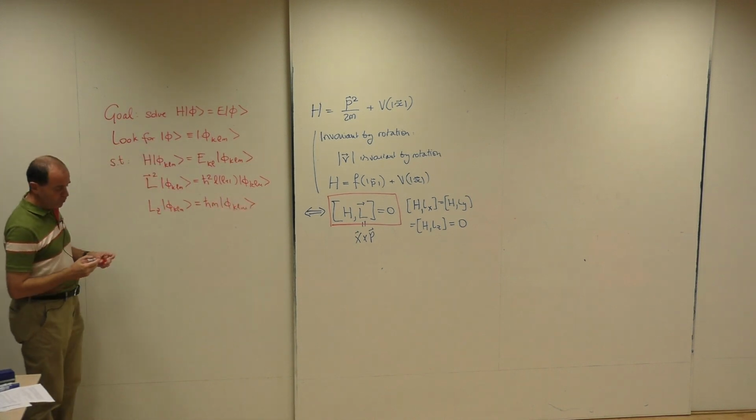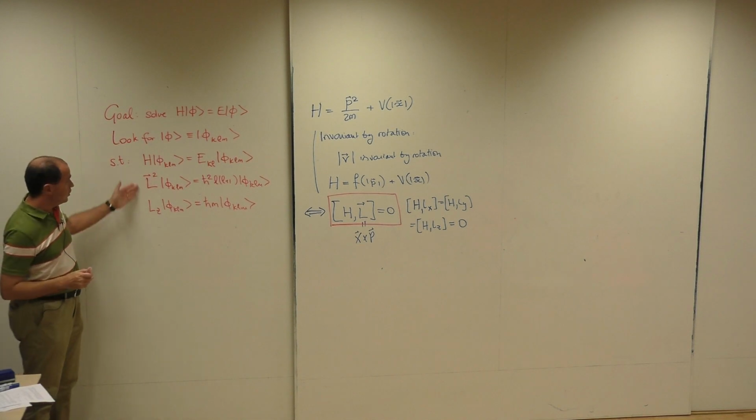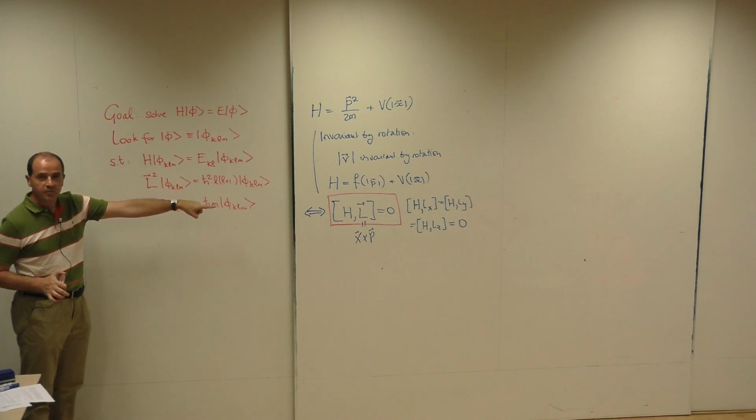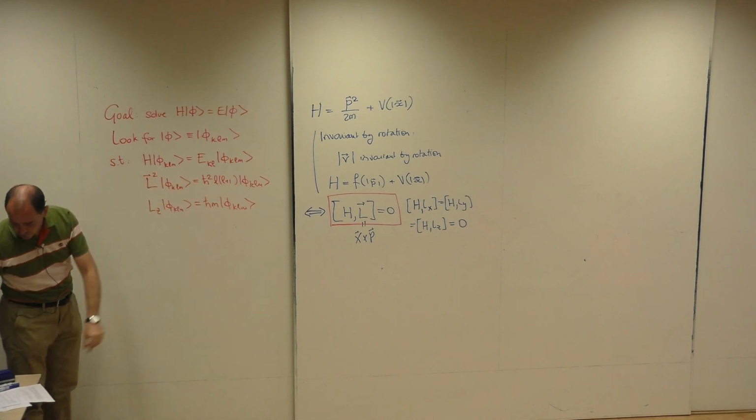Okay, so that's the problem we want to solve. Why can we hope to find these vectors? Because the Hamiltonian and the angular momentum commute.